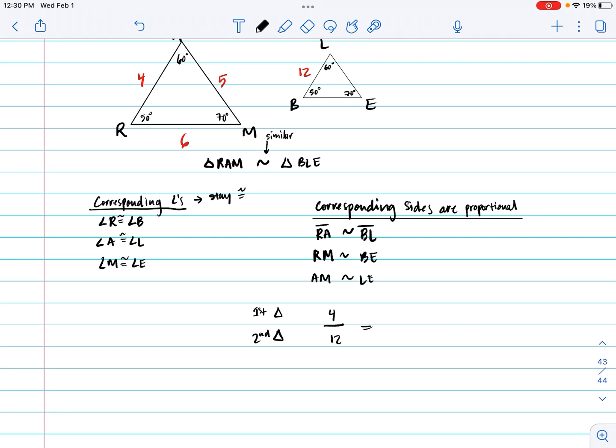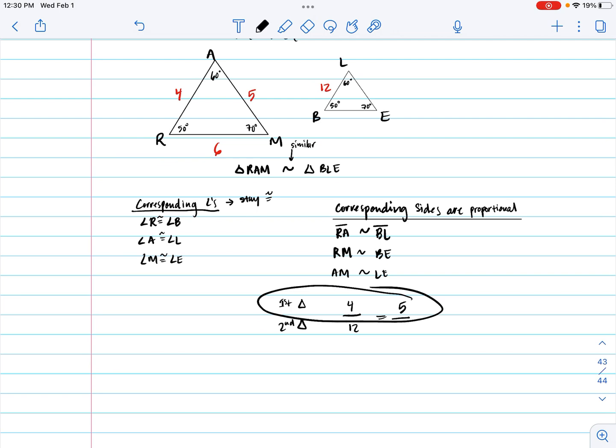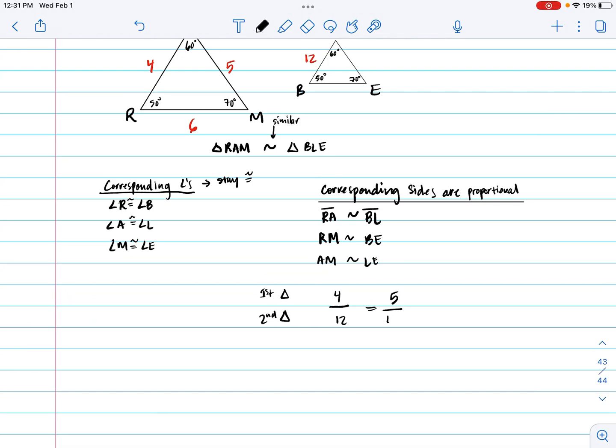So 4 over 12 is from left to right. And if you notice, let's say we want to find the length of LE. Well, we know LE corresponds to AM, and AM is 5. The reason I put this on the top is because it is part of our first triangle. So LE is just an unknown. If we want to call it LE, we could. If we want to just call it X, we could.